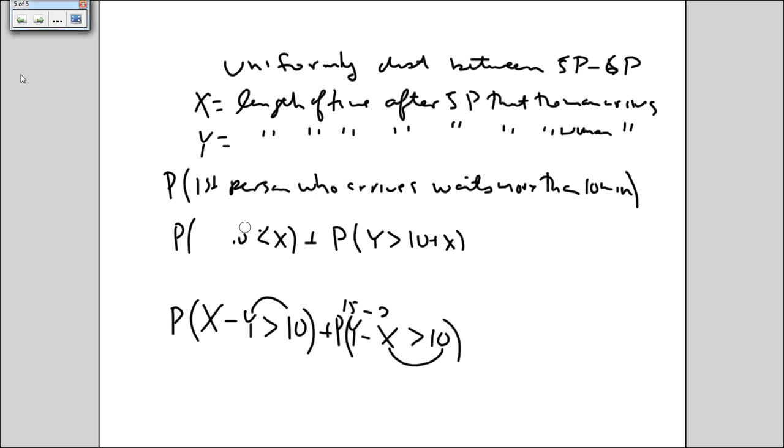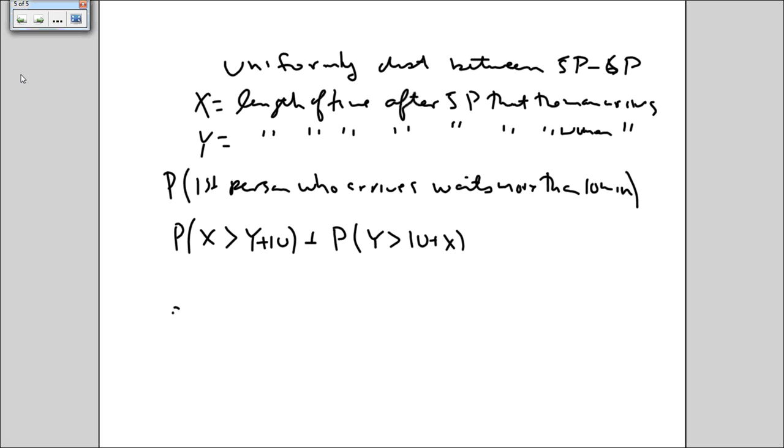I could have said the same thing here. Y plus 10 is one reason, and that's because X is bigger than. That is, but equal to one another.